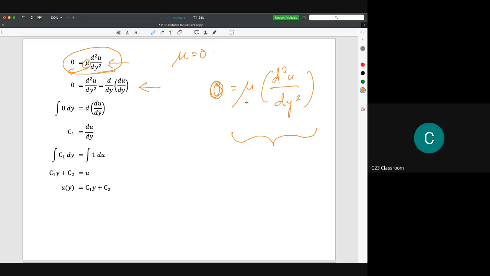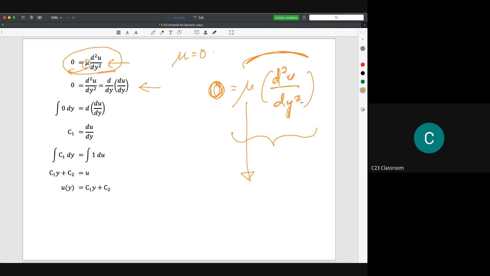Then mu is the dynamic viscosity of the liquid, and dynamic viscosity cannot be 0. So that means the only condition that could make these two terms equal to 0 is when d squared u over dy squared equals 0.